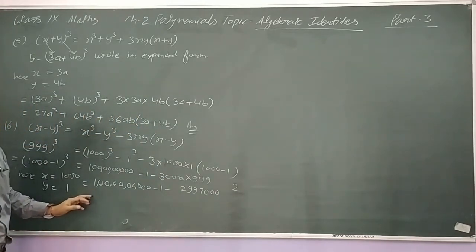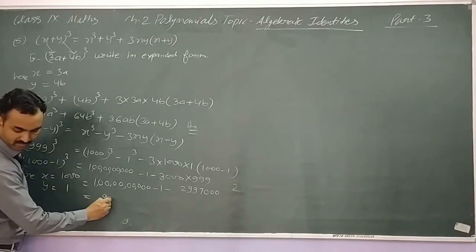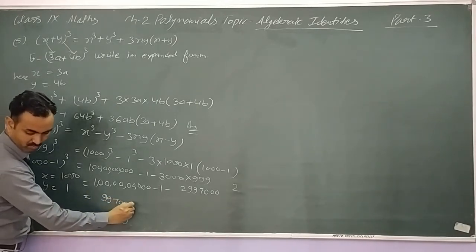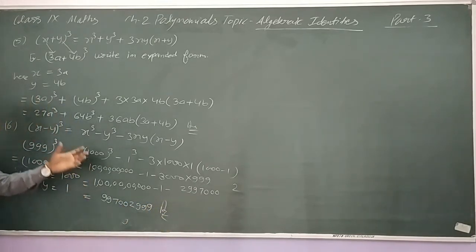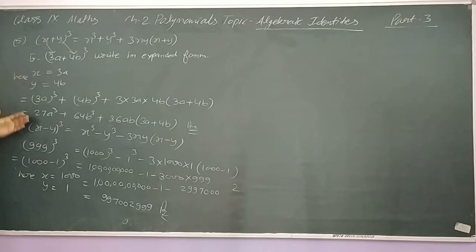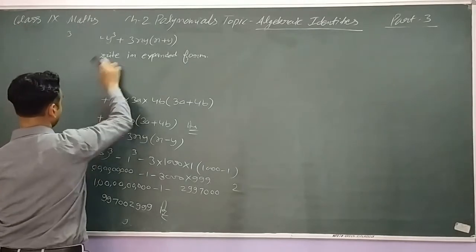So the final answer will be 997002999. So you can see here we have found 999 cube by using this identity. Let's see other identities.